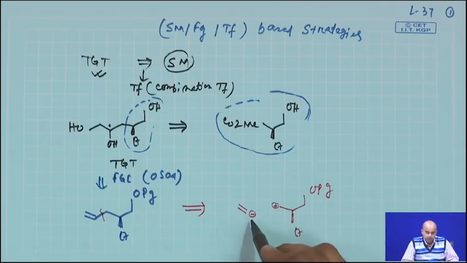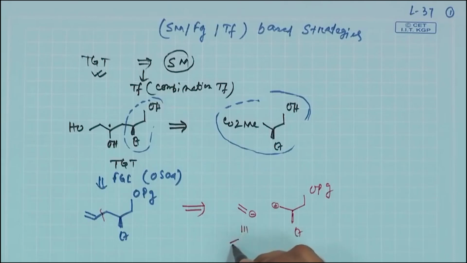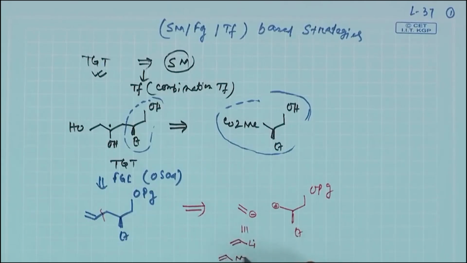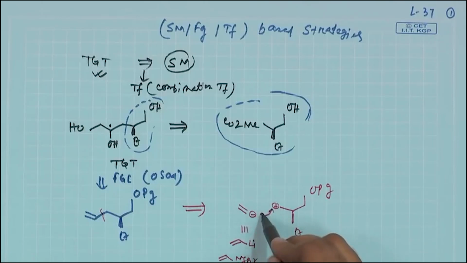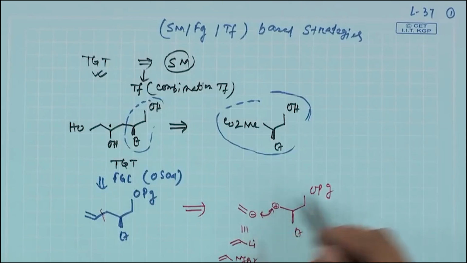We say if you have a simple vinyl anion, which in principle can be created by vinyl lithium or vinyl magnesium bromide, which is a source of vinyl anion, and then if you have an adjacent carbocation kind of thing, by a simple substitution reaction you can connect this carbon carbon bond.